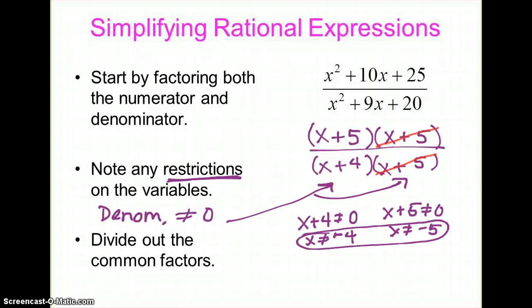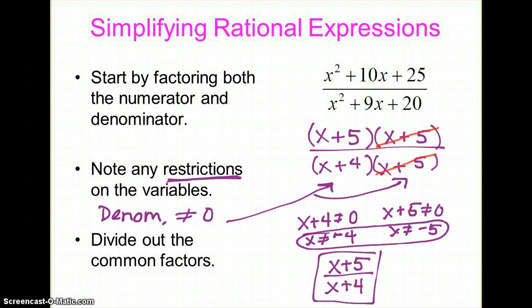What's left is an x plus 5 in my numerator, and in my denominator, I still have x plus 4. To keep this true to the original problem, even though one of those canceled out, I need to keep both of my restrictions. And there's my simplified version of my rational expression, x plus 5 over x plus 4.